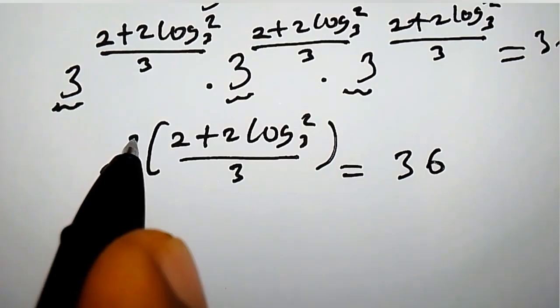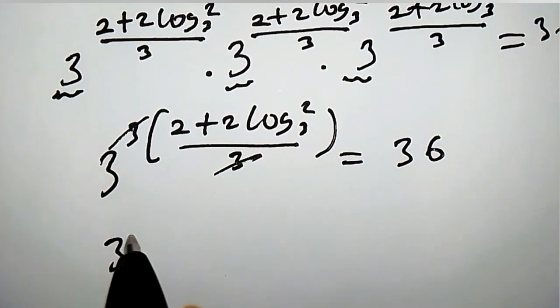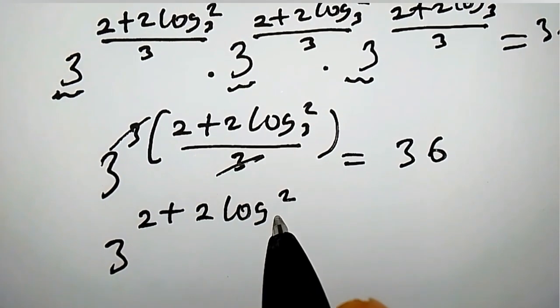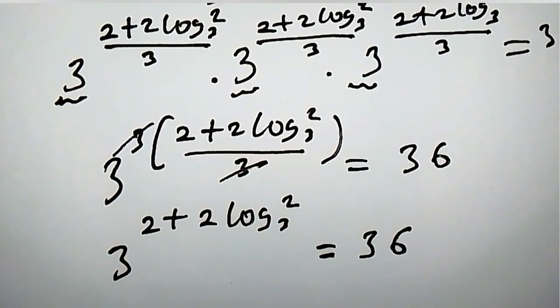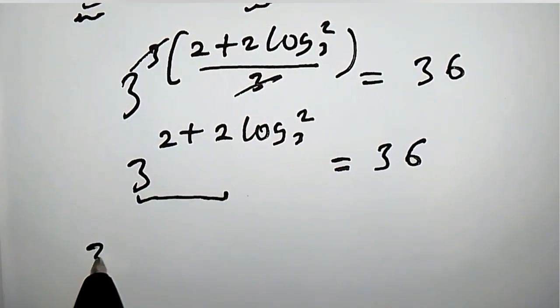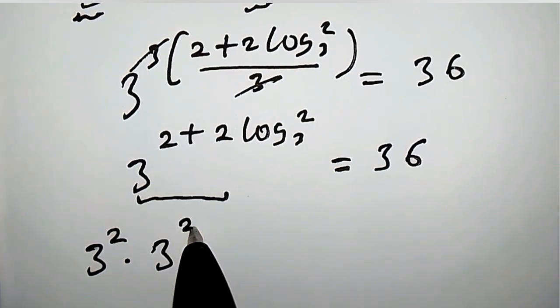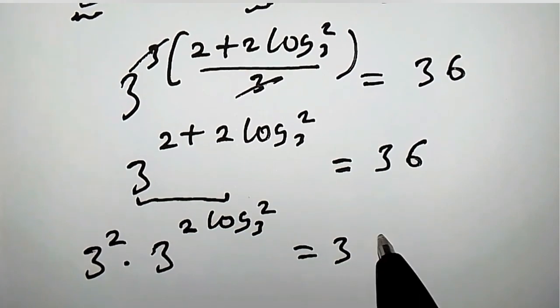Clearly, this 3 takes care of this 3. We are left with 3 raised to 2 plus 2 log 2 base 3, and we claim that it is equal to 36. It is possible to rewrite this as 3 square times 3 raised to 2 log 2 base 3 equal to 36.